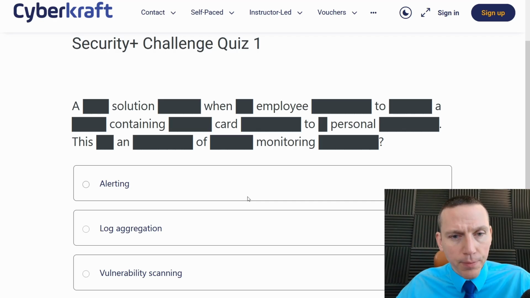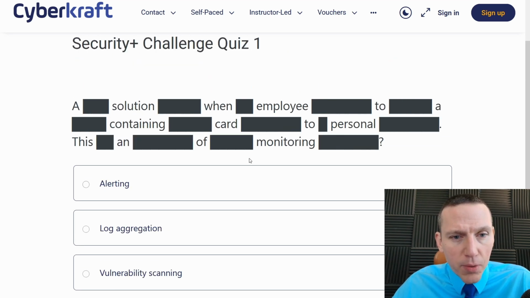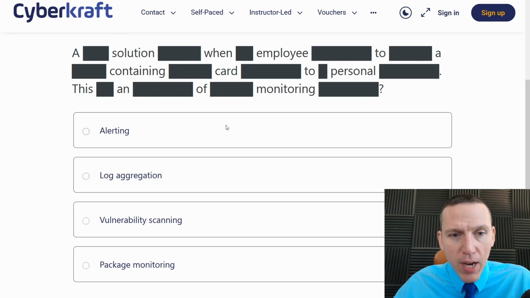I'm not sure what we're talking about here, and I guess that's kind of the point of this challenge. It's an example of what? Central, something monitoring. If it's log aggregation, this could be central monitoring. Or this could be vulnerability monitoring. It's not vulnerability, it's probably too short for that.